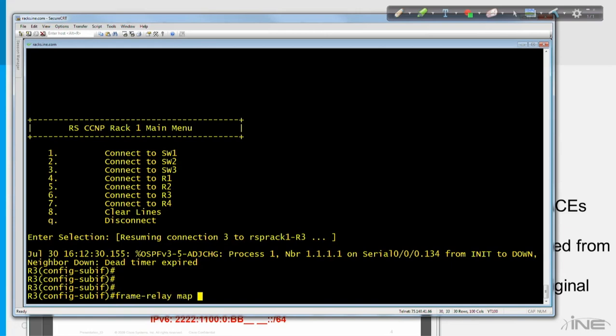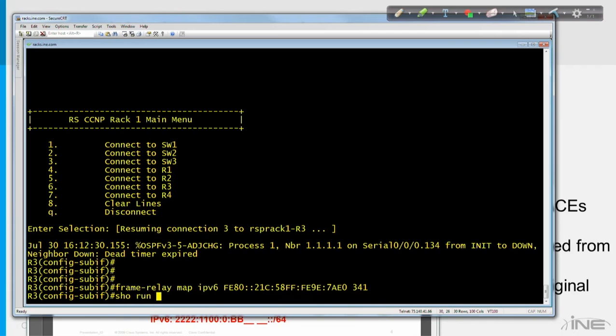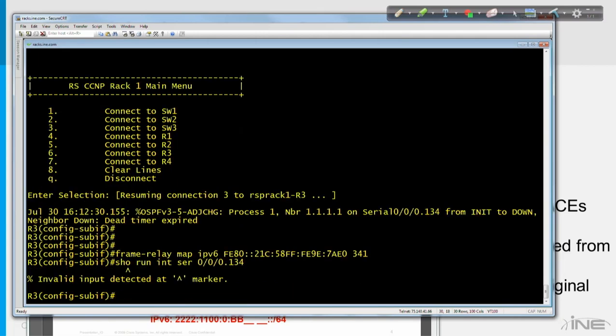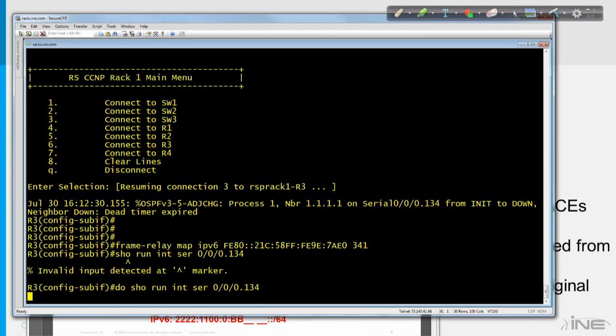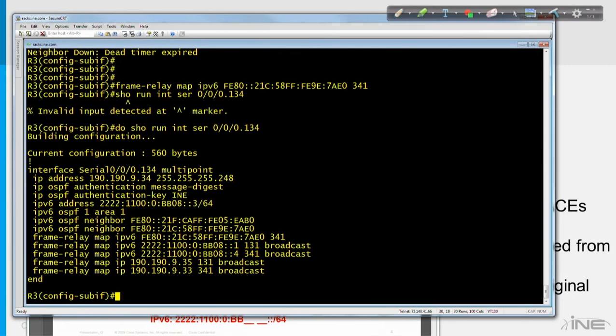Frame-relay map IPv6. Put in the link local address of my neighbor and the DLCI used to reach that neighbor. And then let's put in the other frame relay map.